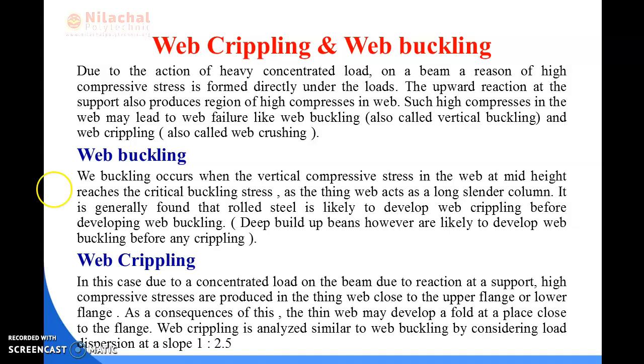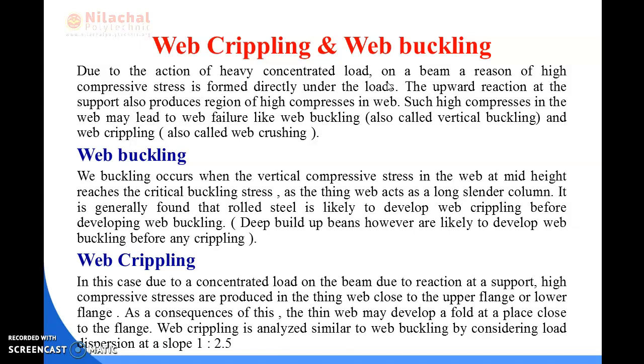So basically these two types of failure in the web are due to the same reason, that is load and reaction. We know that in steel structures we basically use an I section as a beam. An I section consists of 2 flanges and 1 web.